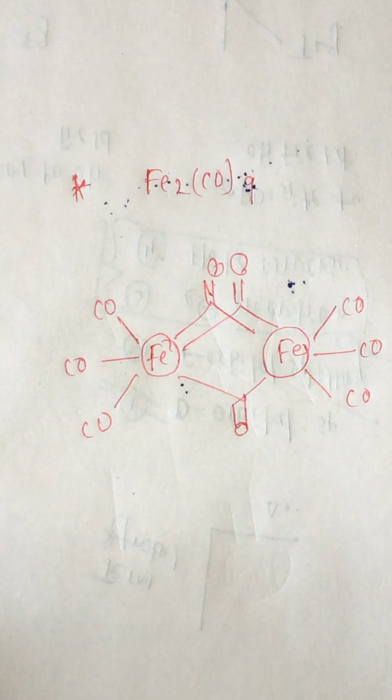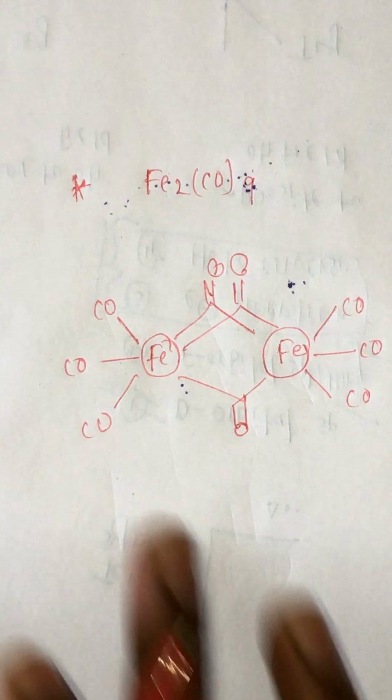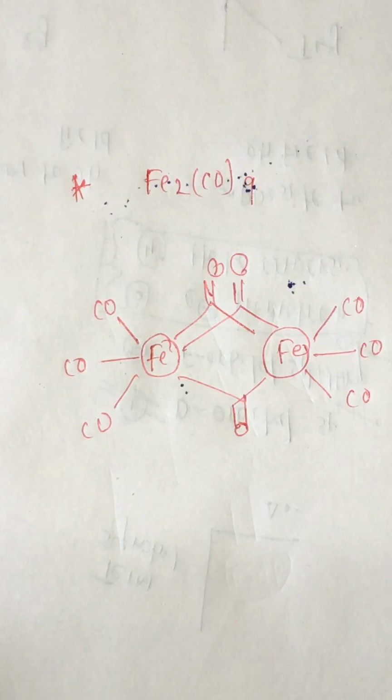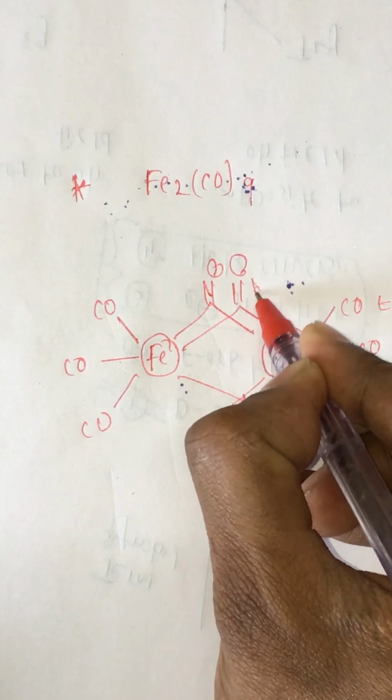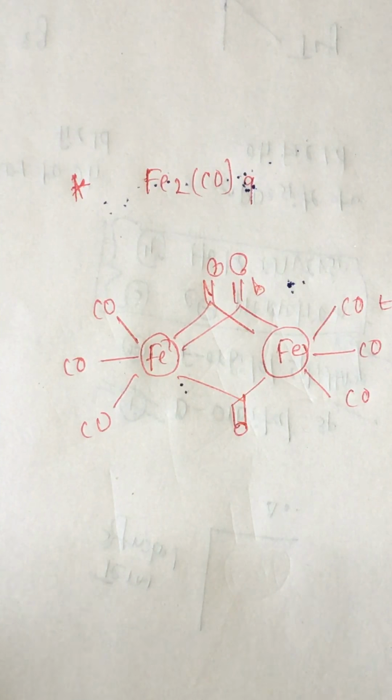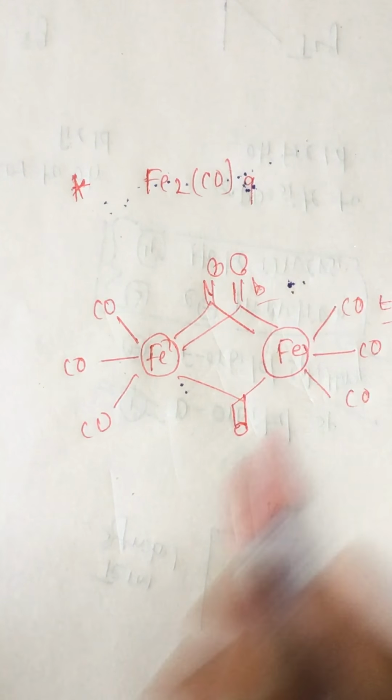As we can see in this structure, there are two different types of carbonyl groups. This is terminal and this is bridging. So two different carbonyl groups we have: one is terminal, another one is bridging.